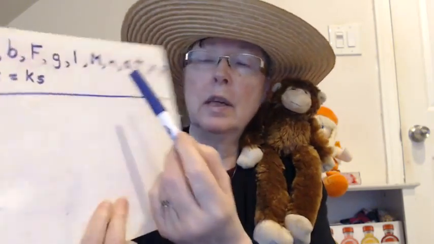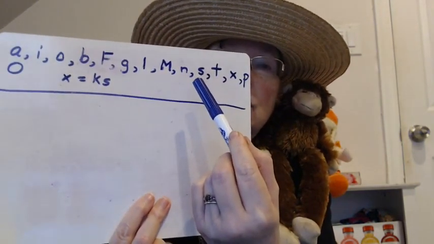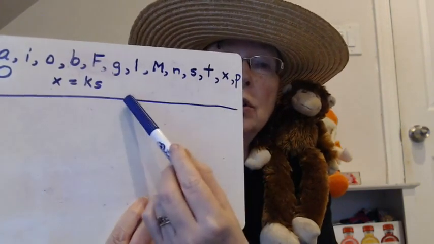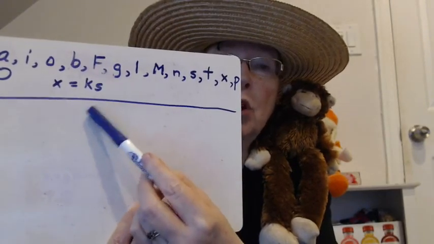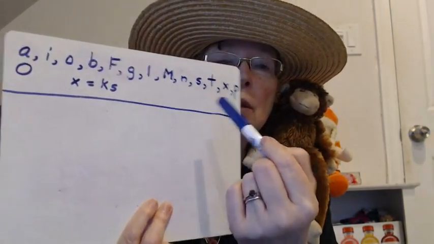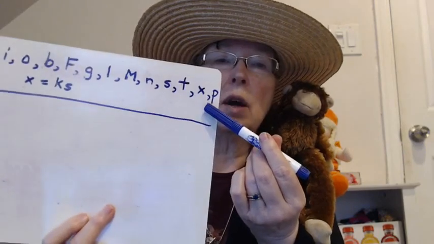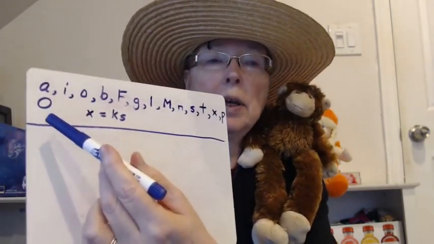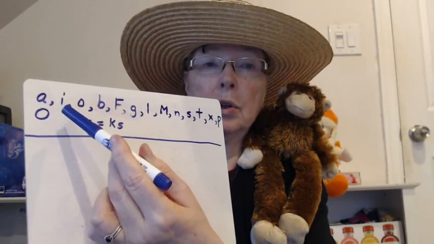Then we also have N, S, T, K, X, which we're going to introduce over here. We may have talked about it before, but we're going to go back to it. Then we have the letter P. I have an uppercase O here because we're going to be using it in one of the words.